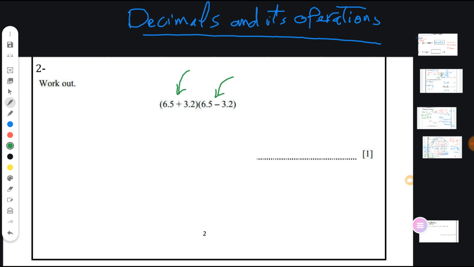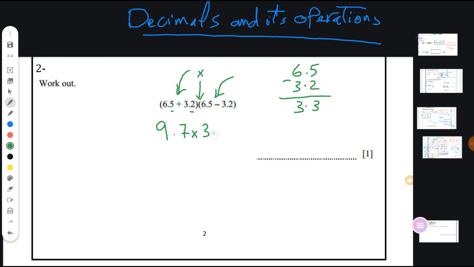So also it's easy. 2 plus 5 is 7. What's the point? 3 plus 6 is 9. So first number. And the relation here is what? Between the two brackets? Yes, multiply. Okay, let's subtract 6.5 minus 3.2. 5 minus 2 is 3. 6 minus 3 is 3.